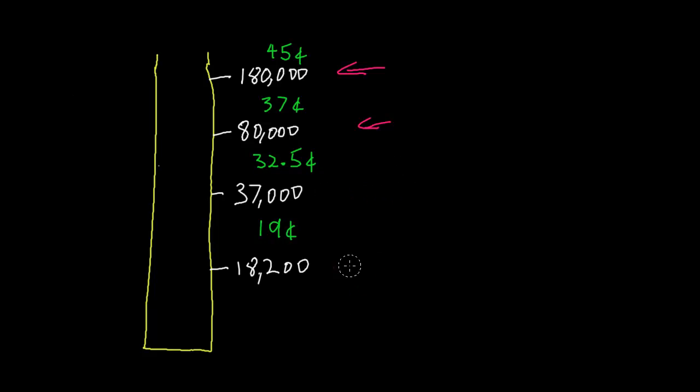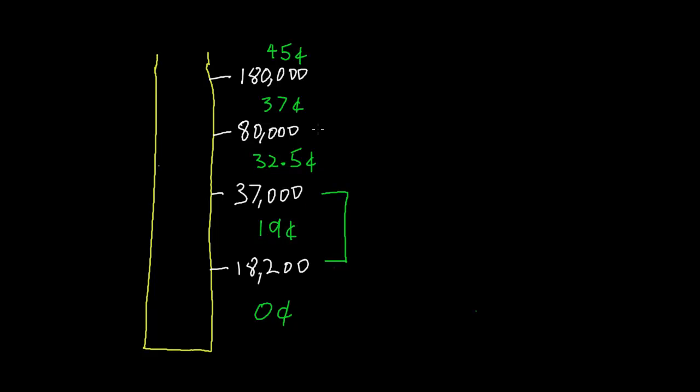The green numbers are how much tax you pay in those brackets. So between $0 and 18,200, you pay no cents in the dollar. For money that falls between 18,200 and 37,000, you pay 19 cents for every dollar that falls within that. Then anything in the 37,000 to 80,000 range, you pay 32.5 cents.